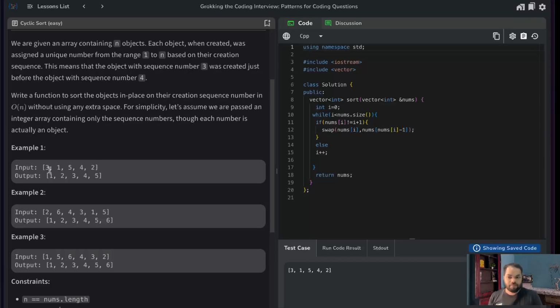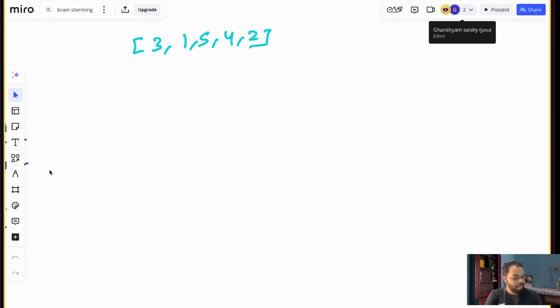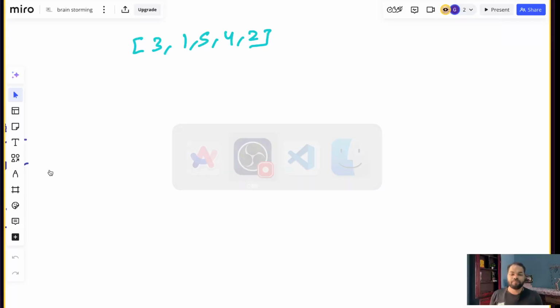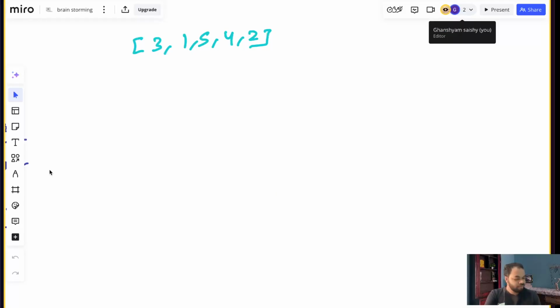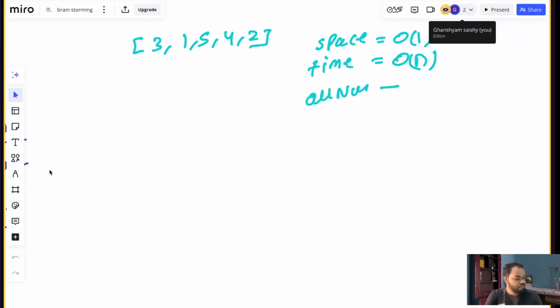Okay, I'm writing down the first array here already. Now, if you see, the space complexity we want is big O of one, the time complexity mentioned in the question is big O of n, and one other condition is that all numbers are from the range of 1 to n, and each number is unique.